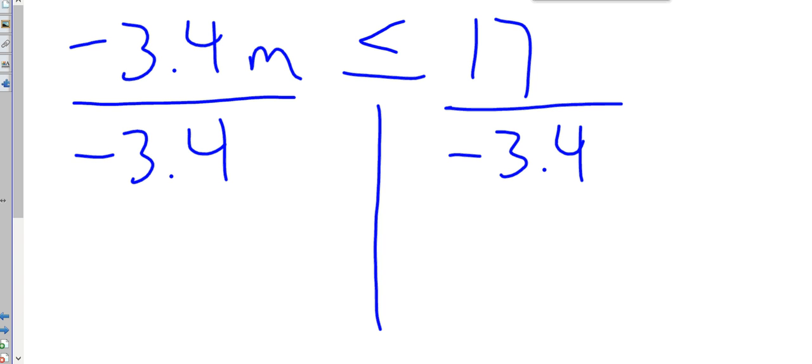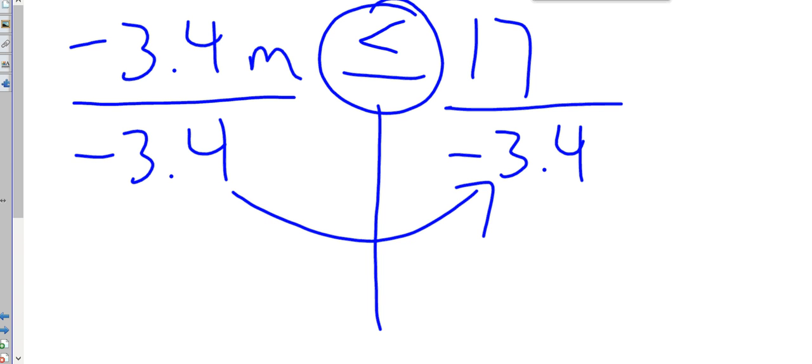The instant you take that negative number to the other side, this symbol has to be flipped. It has to be flipped because of this negative number.